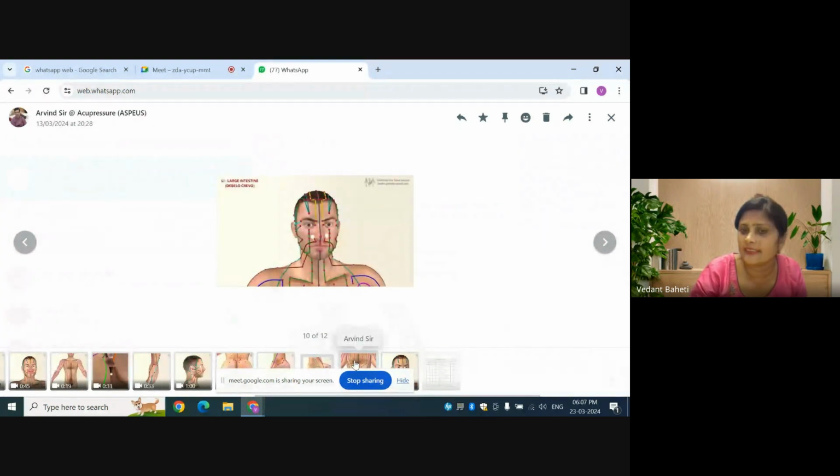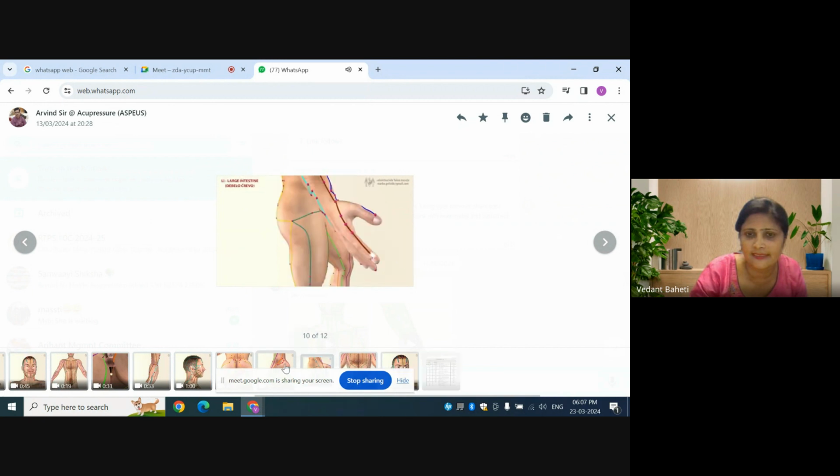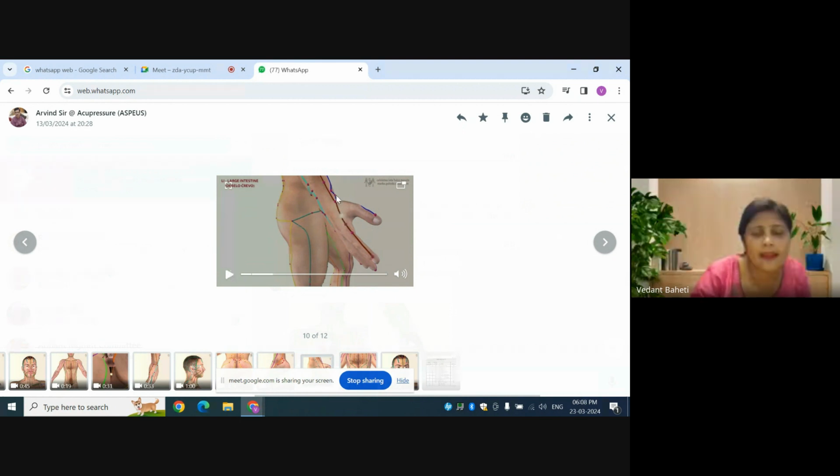And I'll just show you one thing in the large intestine meridian, Large Intestine 4, and this is an energetic point.